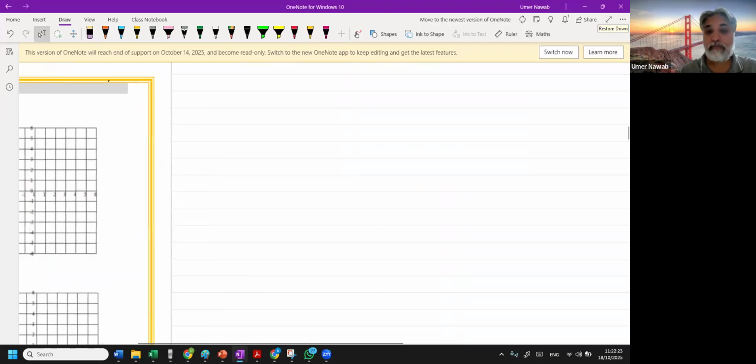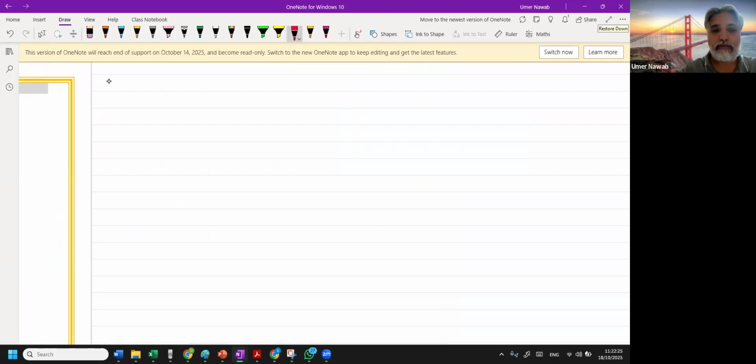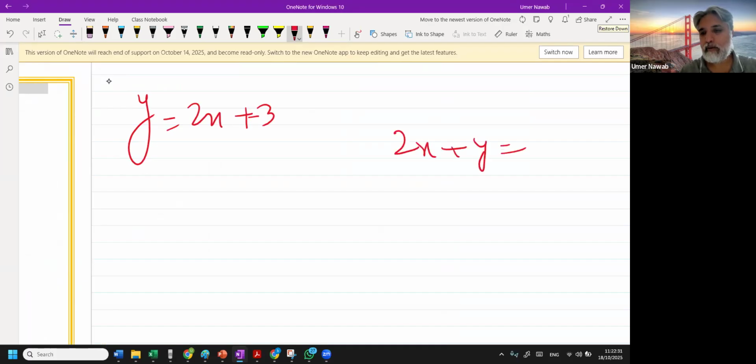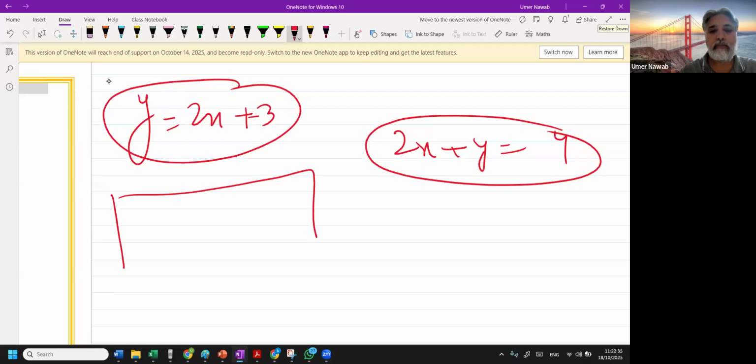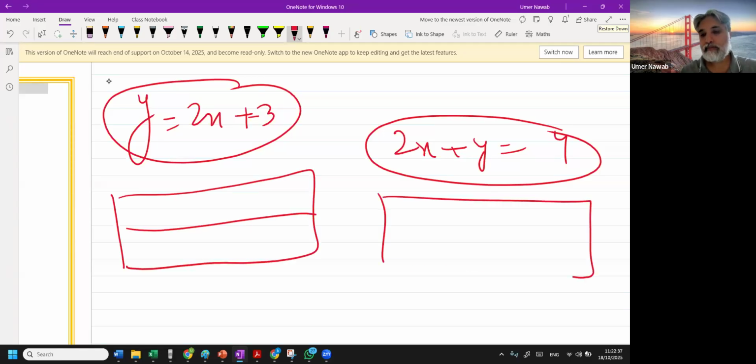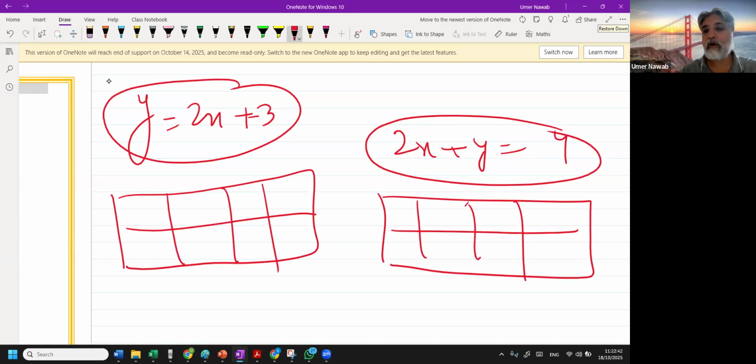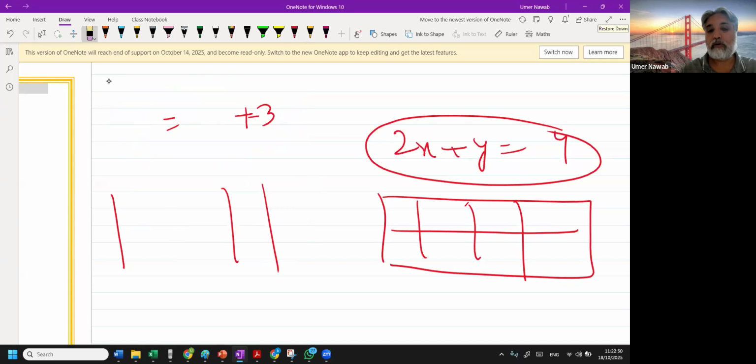So for drawing, either the examiner gives you the equation y is equal to 2x plus 3, or he gives you 2x plus y is equal to 4. In both cases, you can easily make the table and plot those points, and all the points must be lying on the same straight line, or the line you draw should pass through all those points.